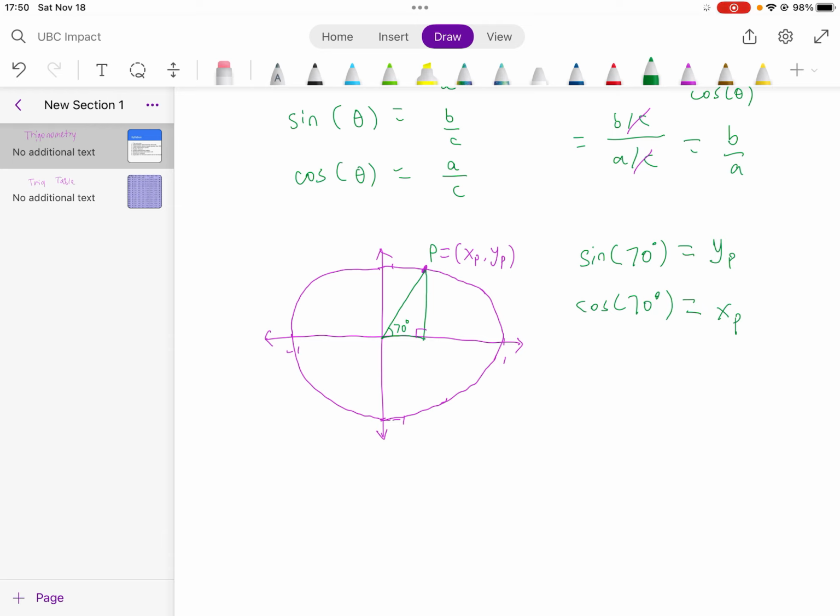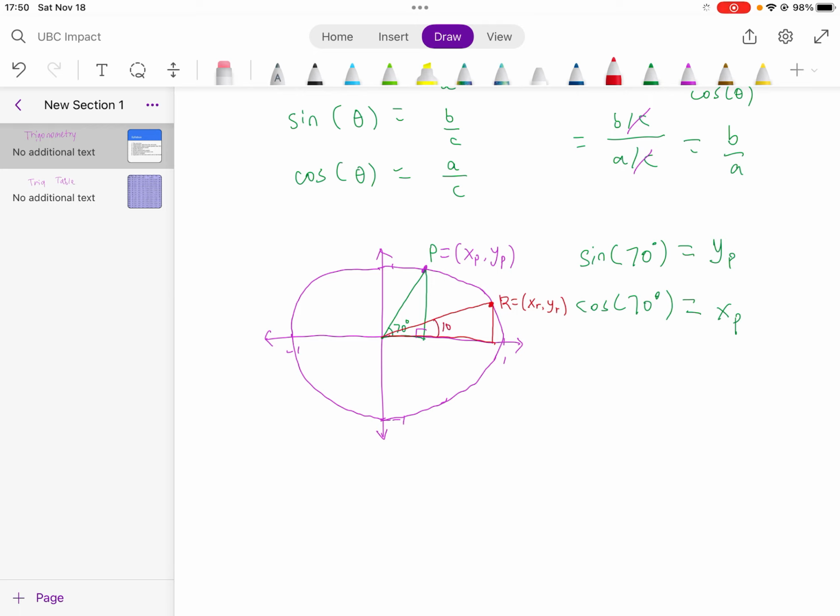So again, this works for any case. If I draw another one here, we draw it to this point. Let's call this point, I don't know, R. And it will have xr and yr as its x and y coordinates. And then we draw this straight down. We get another triangle.